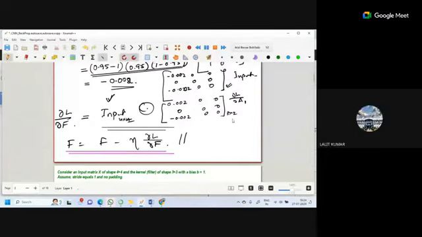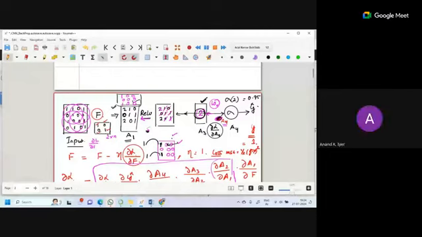Did you say 2 by 2, or is it 3 by 3? See, filter size is 2 by 2. So your del L by del F. Hello, Anand. I can hear you, Lalit.